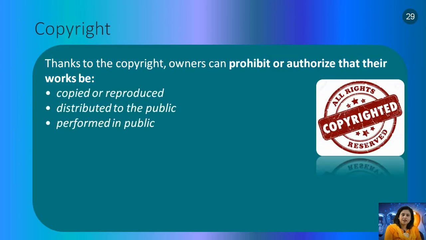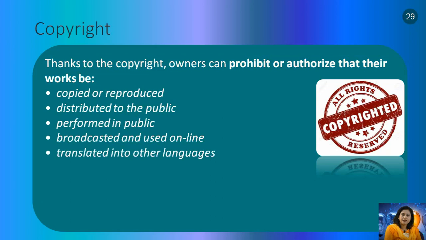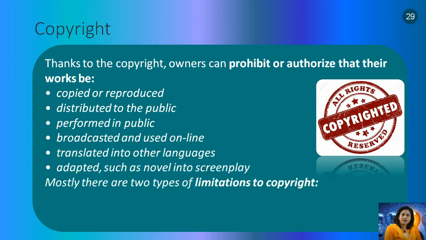Copyright owners can prohibit or authorize that their works be copied or reproduced in various forms, distributed to the public in copy format, performed in public, broadcast and used online, translated into other languages, adapted such as a novel into a screenplay.